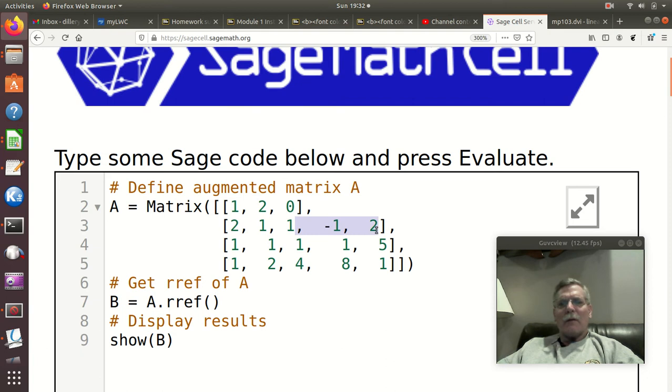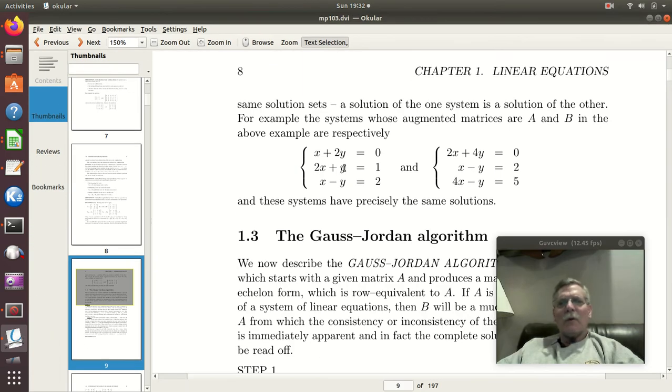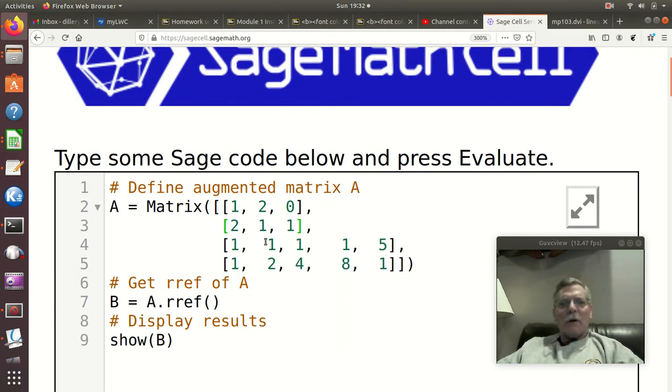We'll check that to make sure. And then the final row, so we can check our 2, 1, 1. Yes, that was 2, 1, 1. And then 1, minus 1, and 2. Move that over a little bit to make it look a little better.